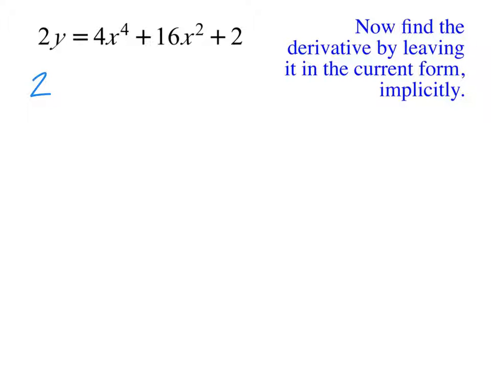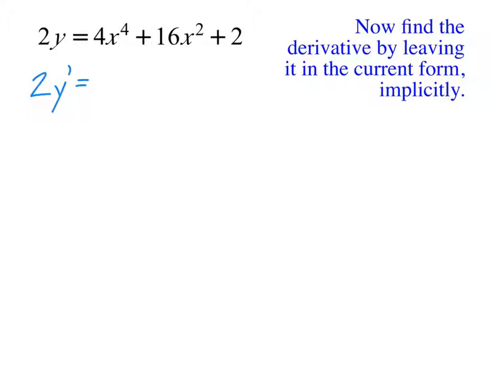So I know it's going to be 2 times the derivative of y. And what is the derivative of y? Y prime. That's why I was making that emphasis on that last problem, remembering that y prime just represents derivative of y. So when I have to figure out what the derivative of y is, I just plug in the y prime, wherever that happens.